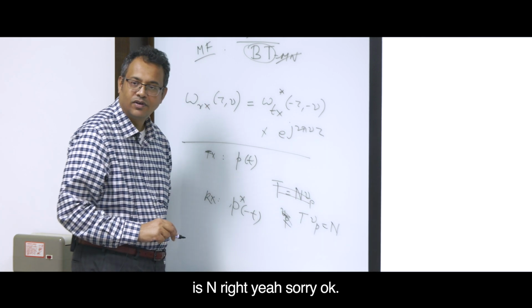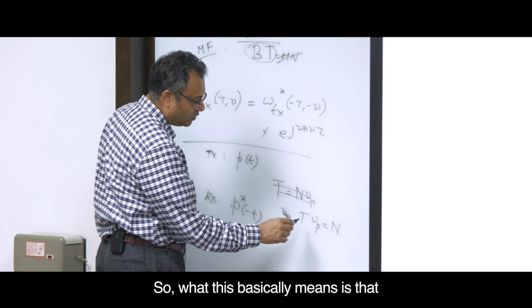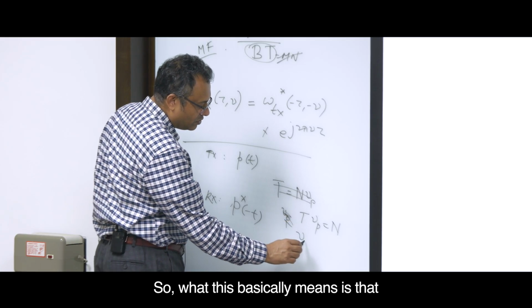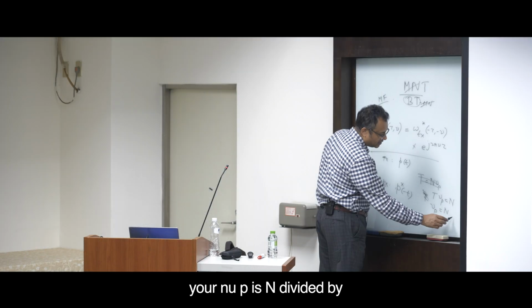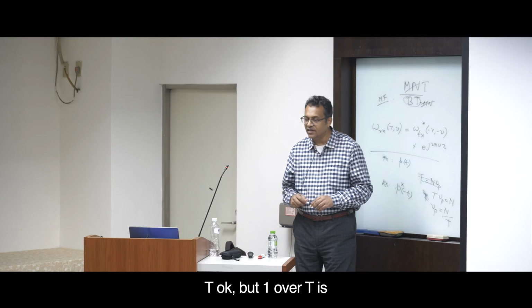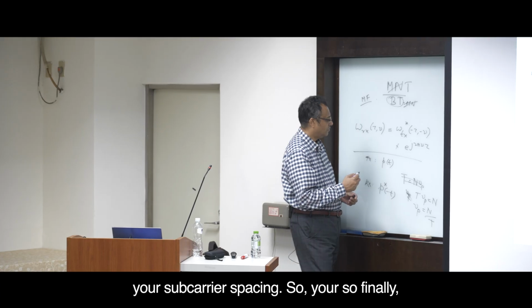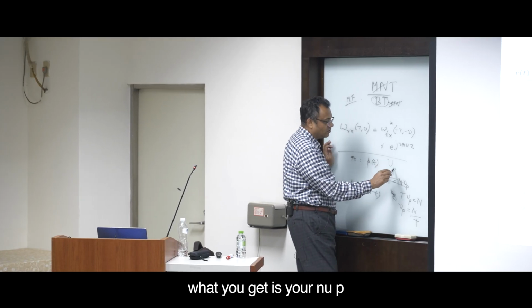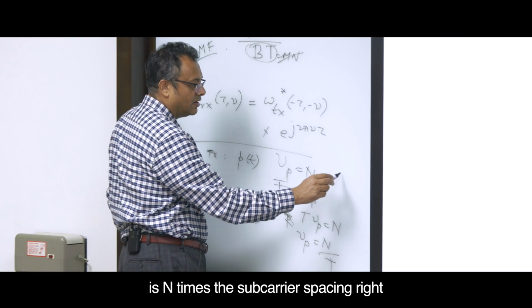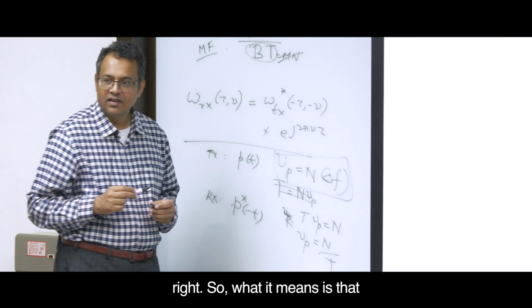Yeah, sorry. So what this basically means is that your nu p is n divided by T. But 1 over T is your subcarrier spacing. So finally what you get is your nu p is n times the subcarrier spacing, right?